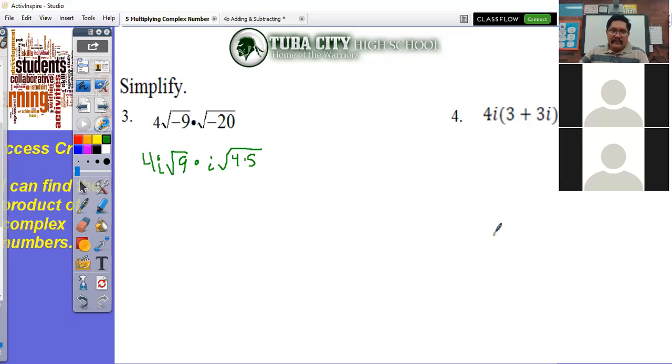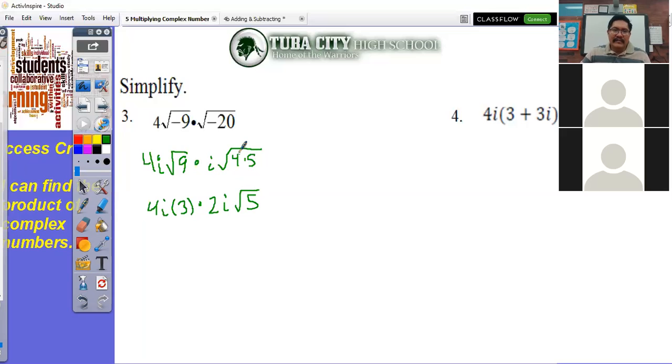Okay, now we can start evaluating the roots of whatever we can. So 4I times 3 times, actually in this case here, I'm going to take the square root of 4. So square root of 4 is 2I times root 5, because this 5, we can't get it out. It's not a square number. We can't simplify it anymore.